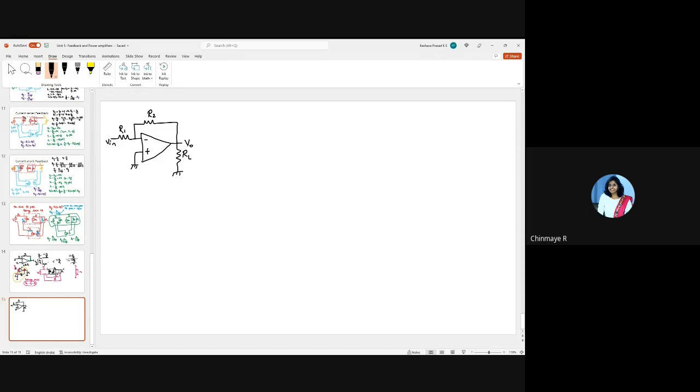So first check the point at which you're sampling the output in order to be fed back. Next, check whether you're feeding back current or voltage, as in whether you're feeding back something through a resistor or across a resistor, right?